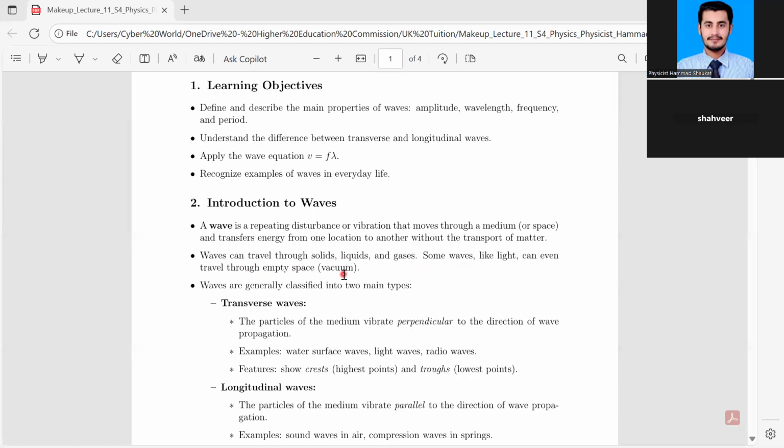Light is one of the waves which can travel through a vacuum. What is a vacuum? A vacuum is a space in which there are no particles. Am I right? Light is also a wave. The only thing which can travel through vacuum is light. Other things do not travel through vacuum.